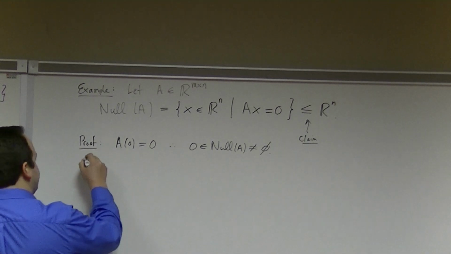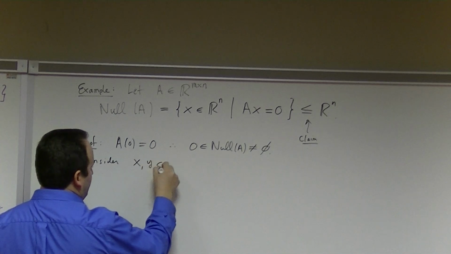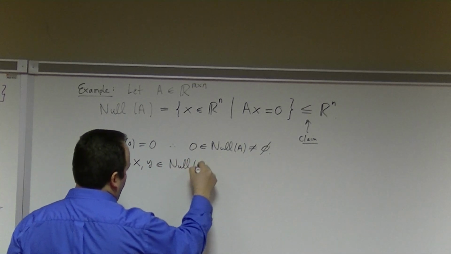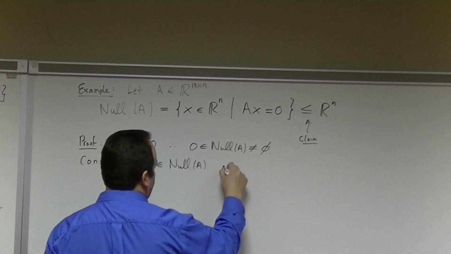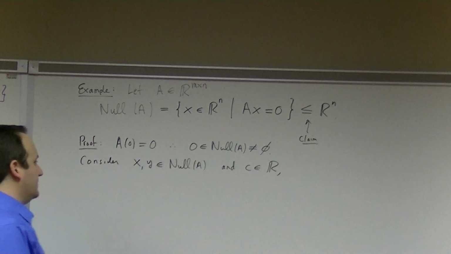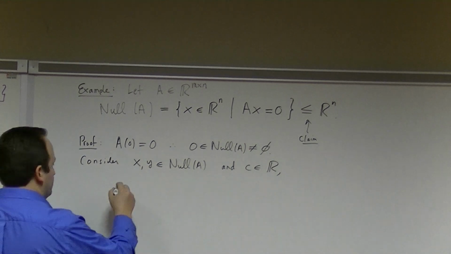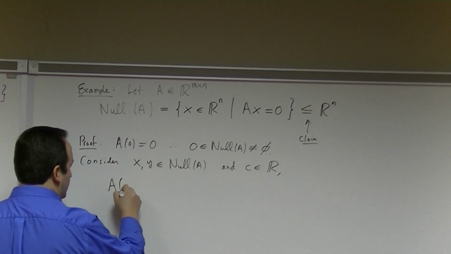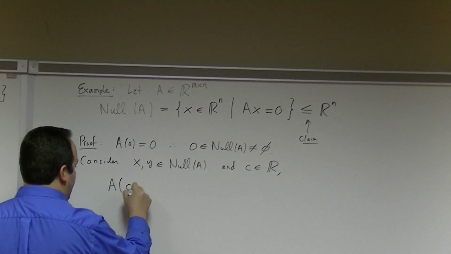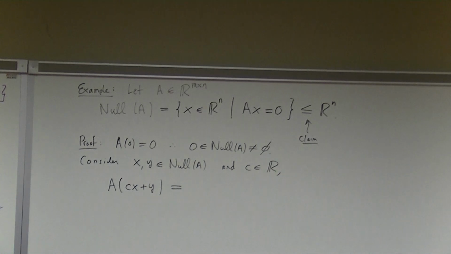So consider x and y in the null space of A, and c a real number. I'm going to be efficient in the way I argue this. A times (cx plus y). I'd like to show that this is 0.